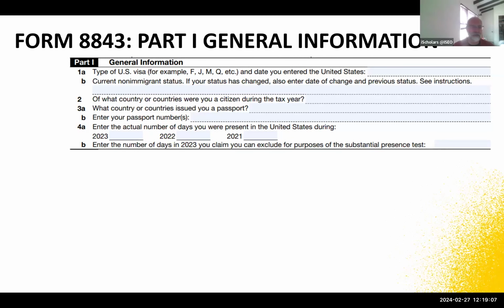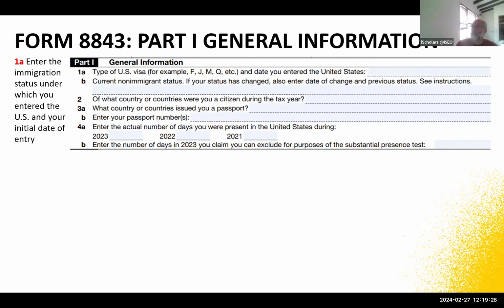And basically, question 1A is asking for this non-immigrant status in which you were admitted to the United States using that particular visa stamp to gain admission. So basically, if you're an F1, F2, J1, J2, you would just indicate that status in the blank. And then you would enter the date that you entered the United States in that status.